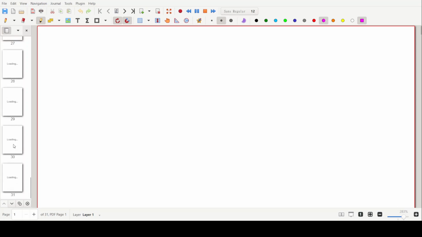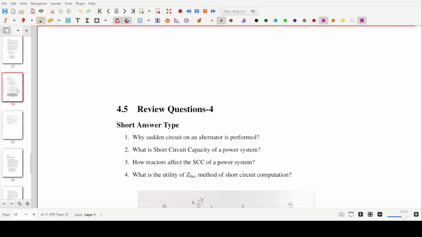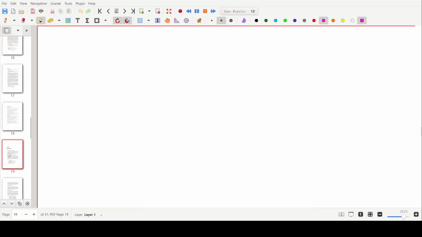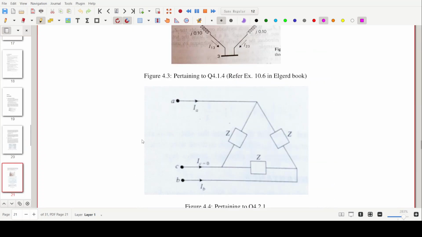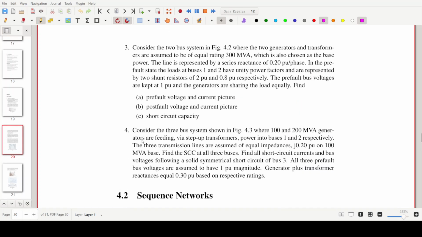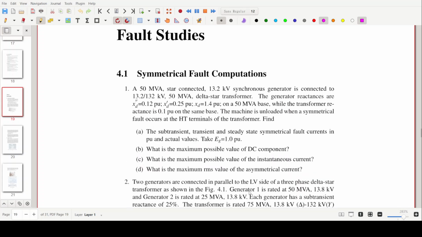We can see here, have a look where we are.